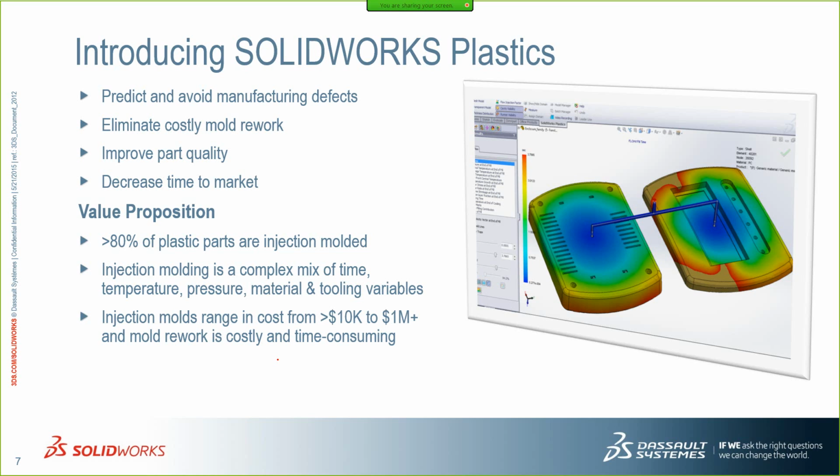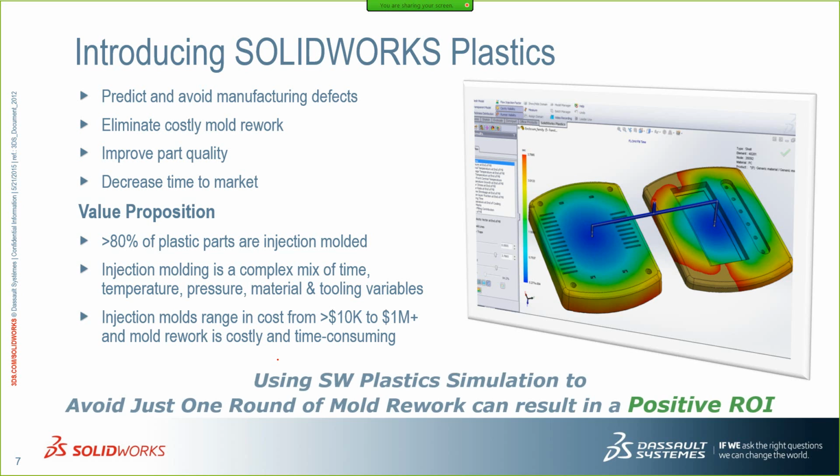Injection molds range in cost from $10,000 all the way to $1 million. So if you see it in one way, even if I can save the rework or change of one mold, then we are getting the ROI of this particular software. So this is the way it works.